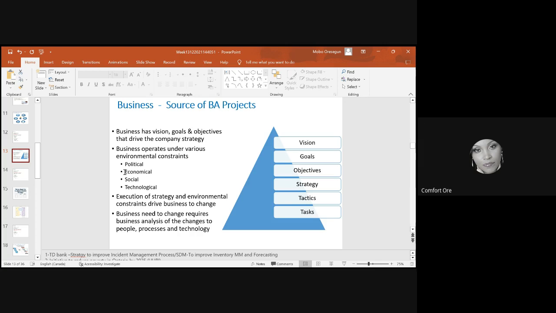Goals and vision are about the same, they're not measurable. Objectives are more measurable. You can put a dollar sign. Remember, when we're talking about value within business analysis, it has to be about ching ching. It has to be the money value. So objectives are more measurable.